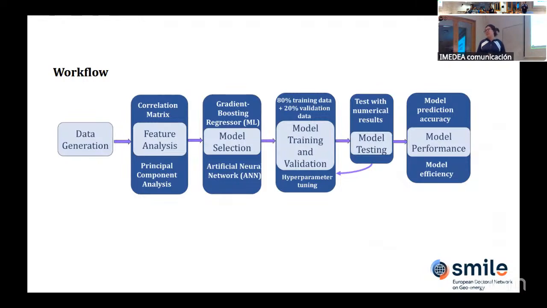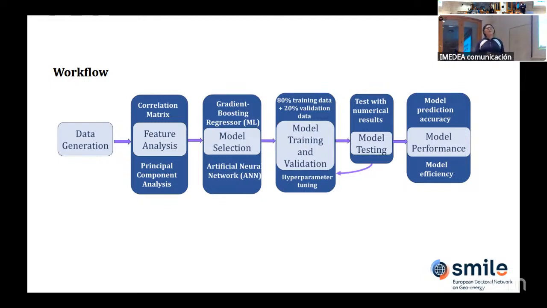So here is the workflow. We first generate the data and then use this generated data set to do the feature analysis by correlation matrix, and we also did principal component analysis. After this, we built two different models. Because we have a huge amount of data, we thought the artificial neural network can be a very useful tool to do the prediction.